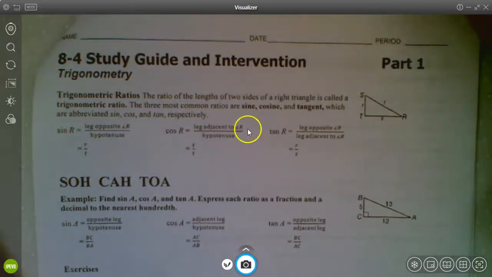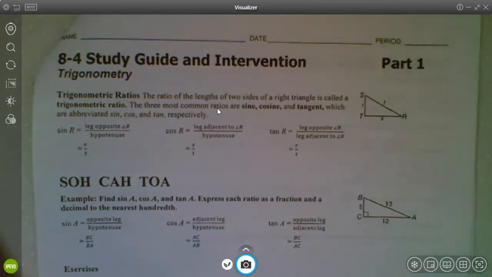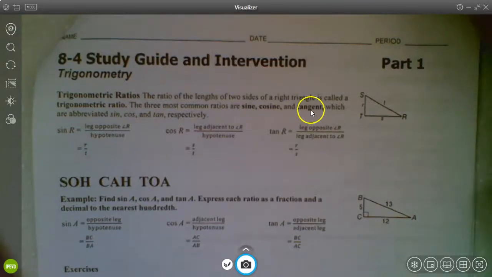So the main thing that I want you guys to understand, though, is that when you see those words, sine, cosine, and tangent, understand that they are simply ratios. Remember, a ratio is just where you compare two things, right? And so within a triangle, if I compare two sides together, then it's a ratio, right?